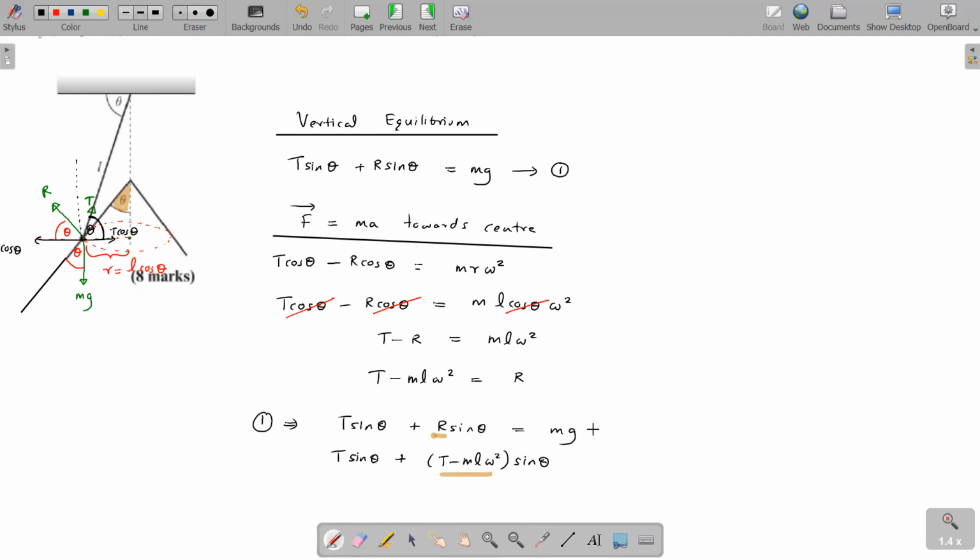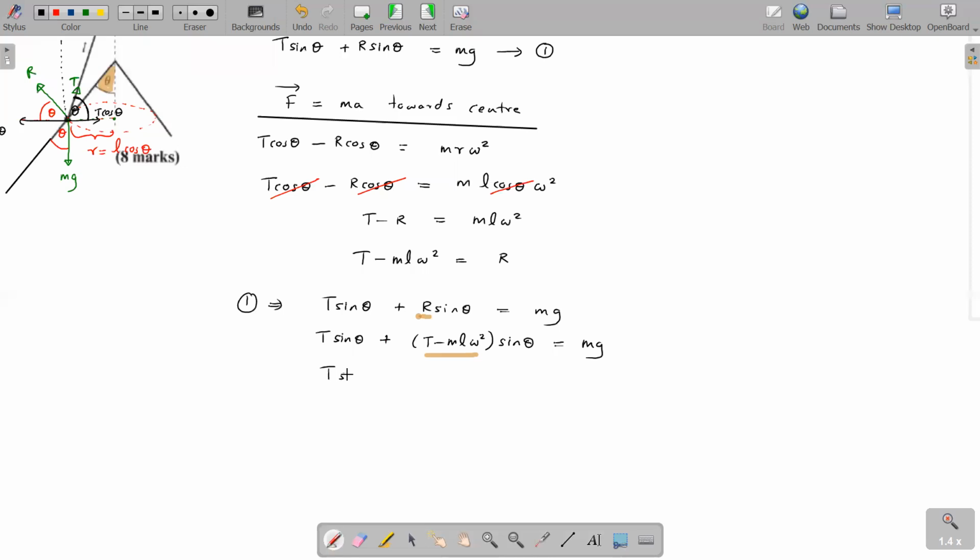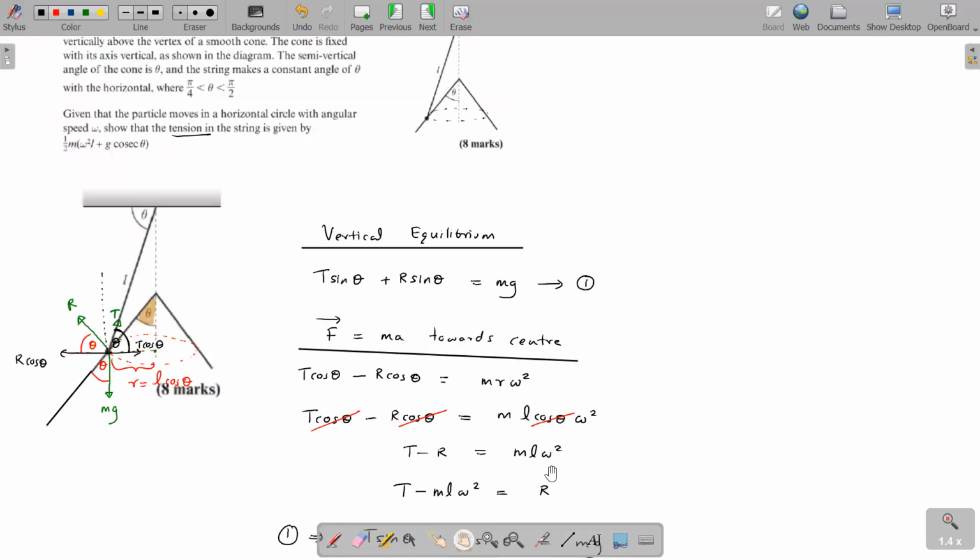T sine theta plus T sine theta minus m L omega squared sine theta equals mg. So that is 2T sine theta. Take the other term to the other side: mg plus m L omega squared sine theta. Do you agree?